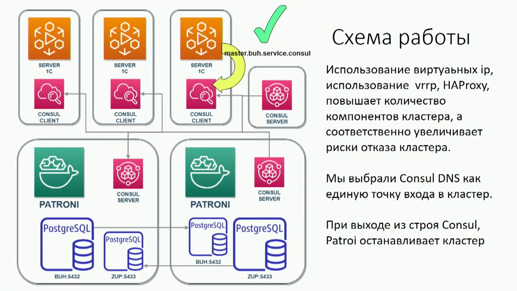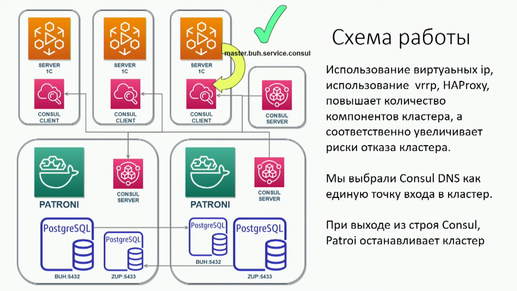This is our operational arrangement. These are the servers. This server is a virtual server placed on one of the application servers. So we have 3 application servers here, and 2 servers for Patroni and Postgres.